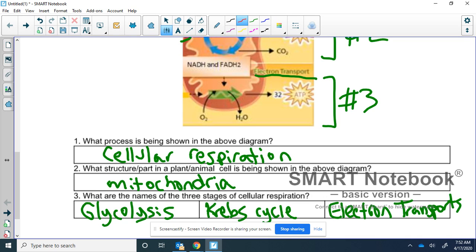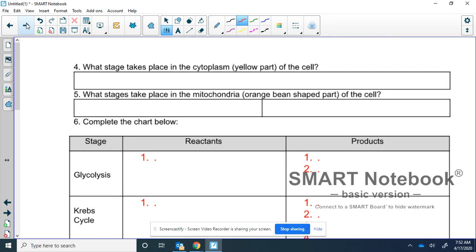Okay, our first 3 questions are now complete. This is the process of cell respiration, takes place in the mitochondria, and we have the names of our 3 stages. We go to the next page. The next page says, what stage takes place in the cytoplasm or the yellow part of the cell? That is the first stage, glycolysis. Cytoplasm literally just means empty part of the cell.